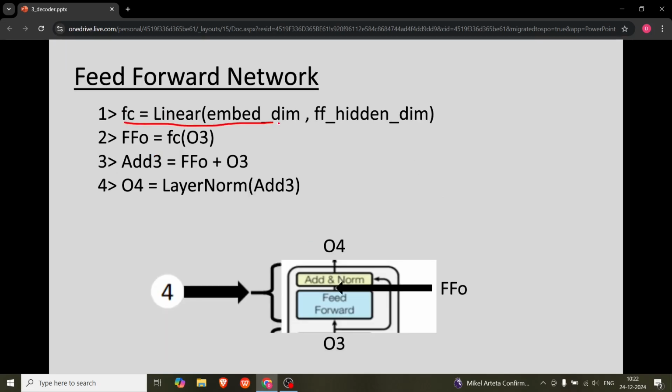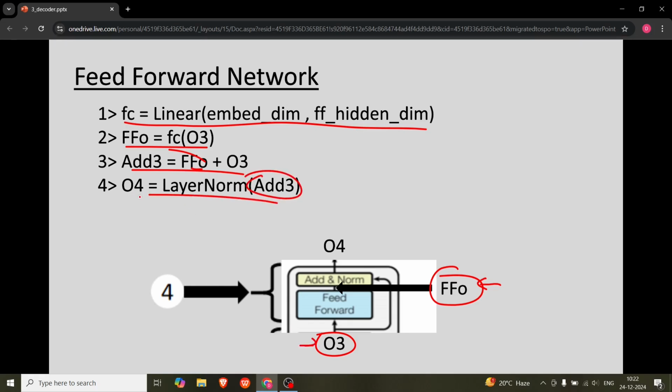You initialize a linear layer. You remember O3 was the input, so you do FC of O3, and you get FFO, which is the feed forward output over here. But again you have to do add and norm. So very simple, you just add the output FFO plus O3. O3 was the input over here, and then you do a layer norm of that, add 3, and you get O4.